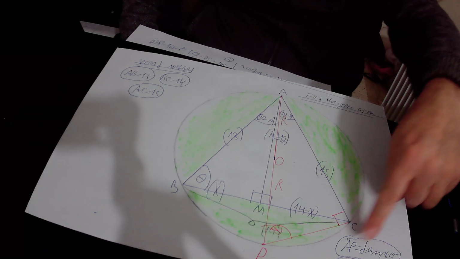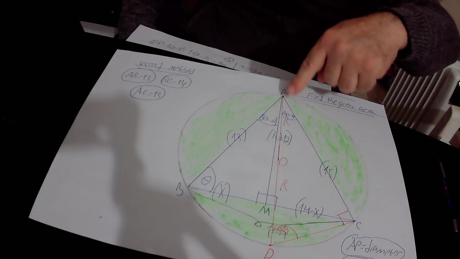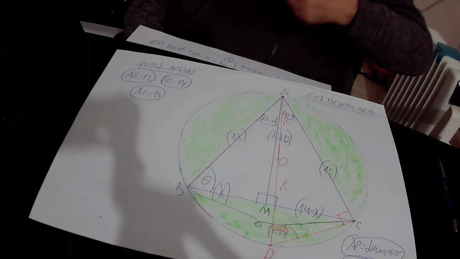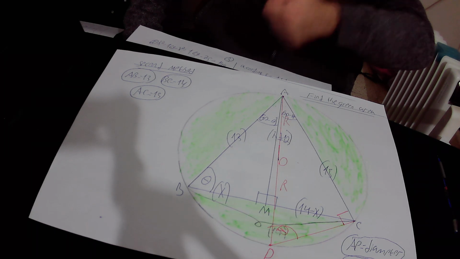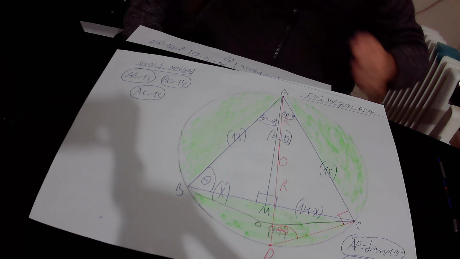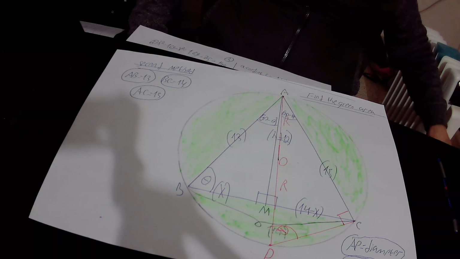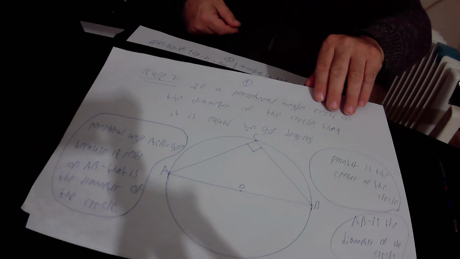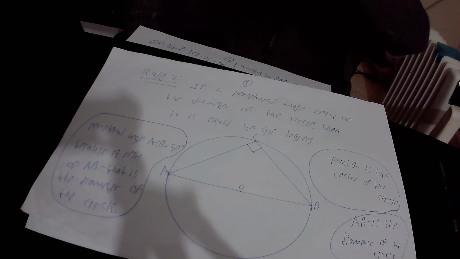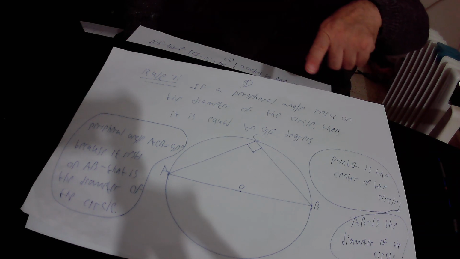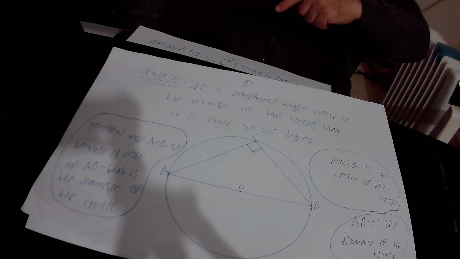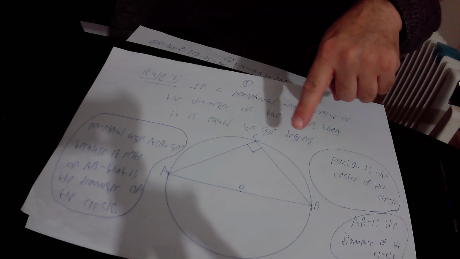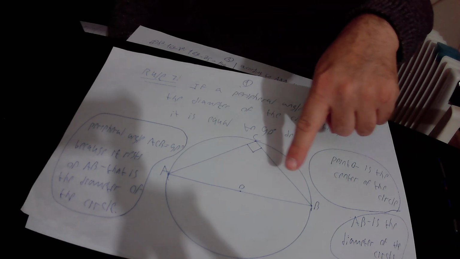This peripheral angle ACP rests on AP, that is the diameter of the circle. And we have rule number 7 that says that any peripheral angle that rests on the diameter of the circle must be equal to 90 degrees. I repeat again, according to rule number 7, if a peripheral angle rests on the diameter of the circle, then it is equal to 90 degrees. In the drawing, we have peripheral angle ACB that rests on AB, that is the diameter of the circle.